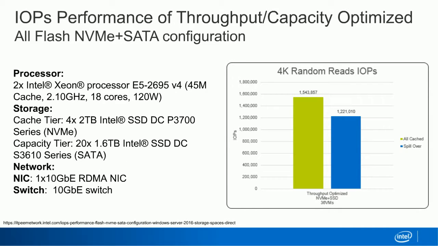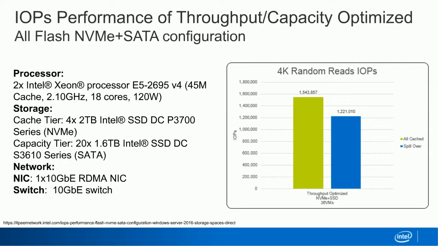So the next one that we have is the NVMe SATA, which is throughput and capacity optimized. We have NVMe SSDs on the caching and SATA SSDs on the capacity, right? What you see with this is when you have a 4-node cluster built in, and the working set is within the caching device, or within your NVMe, you see around 1.5K IOPS performance on a 4-node system, right?